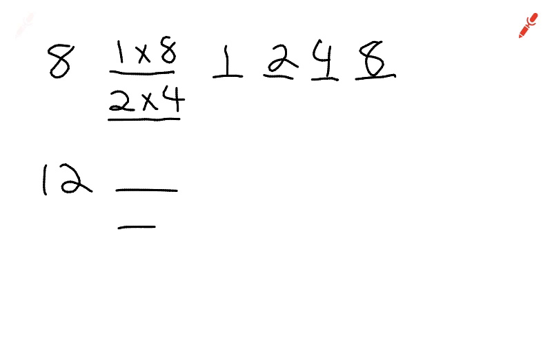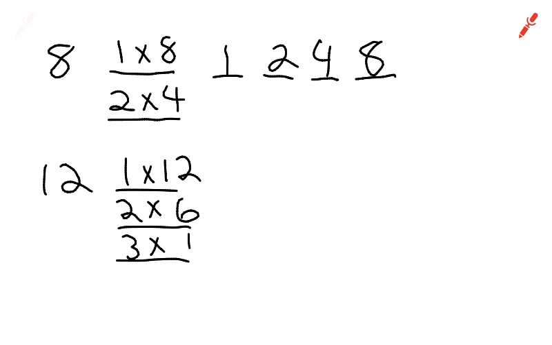Now let's look at 12. We have 3 blanks. First one's done for us, 1 times 12. What else goes into 12? 2 times 6. And 3 times 4. And so these are our pairs of factors that we just did.